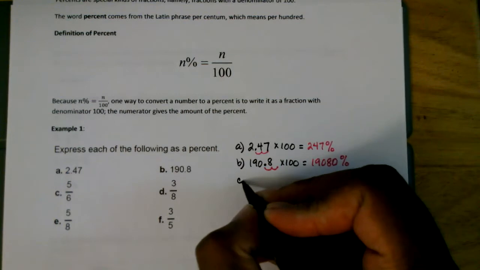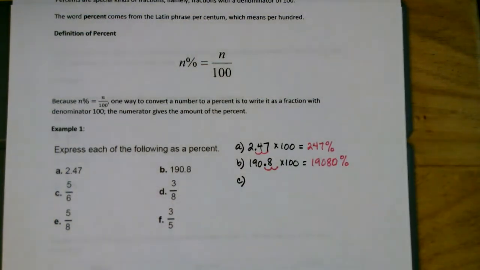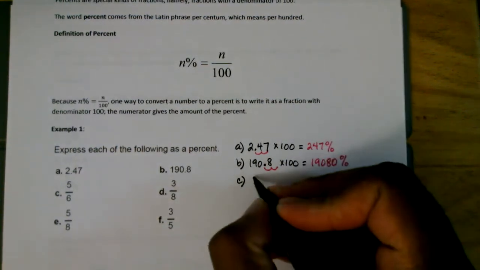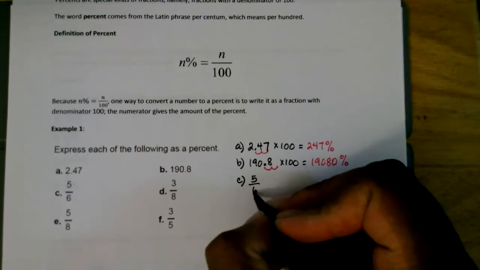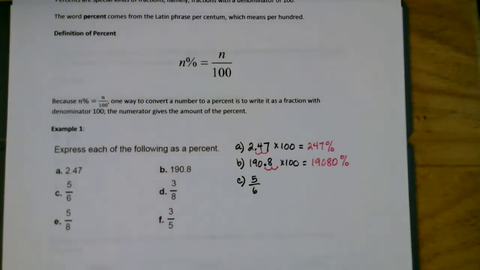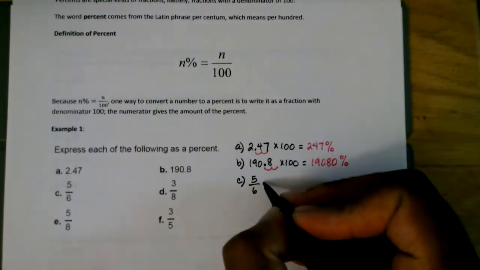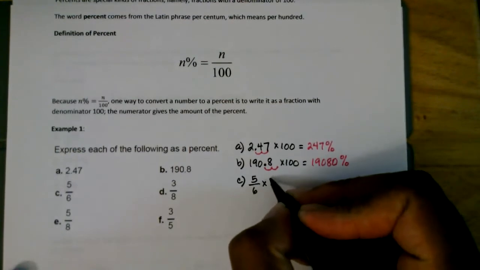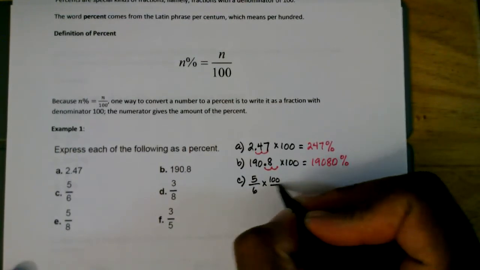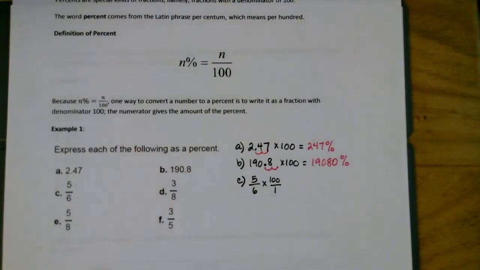Okay, now part C. Now here we got fractions, and we want to convert those fractions to a percent. This is where we do multiply by 100. So if I take 5/6, multiply that by 100, and I'm going to put 100 as 100 over 1.